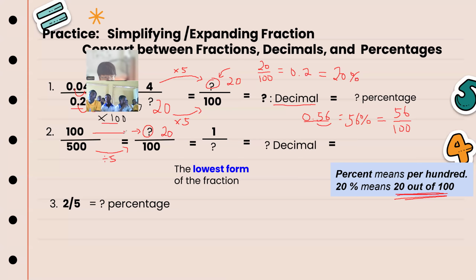So 500 divided by 5 is 100, and 100 divided by 5 is 20.